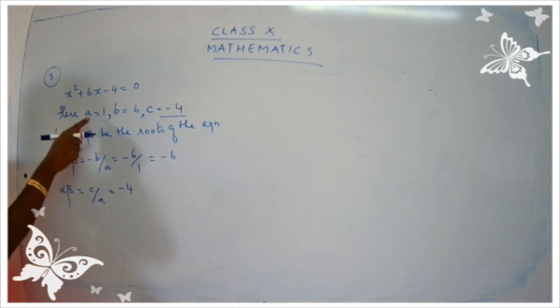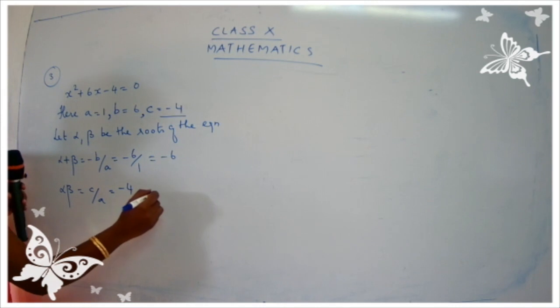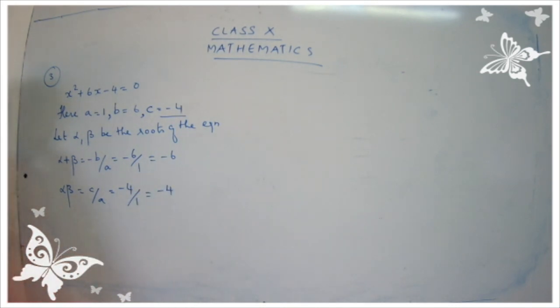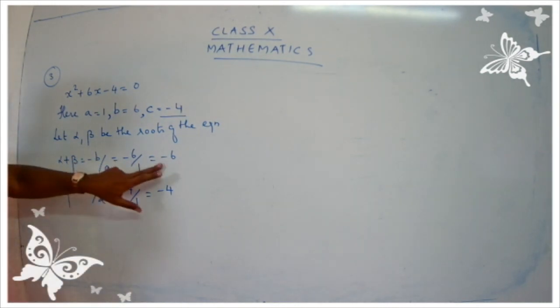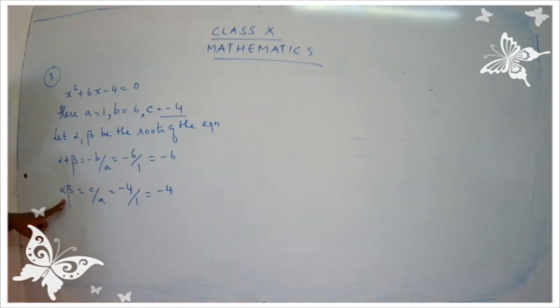What is the value for a? 1. So minus 4 upon 1, which is equal to minus 4. So we have found alpha plus beta, that is minus 6, and also alpha beta. What is the value for alpha beta? Yes, it's minus 4.